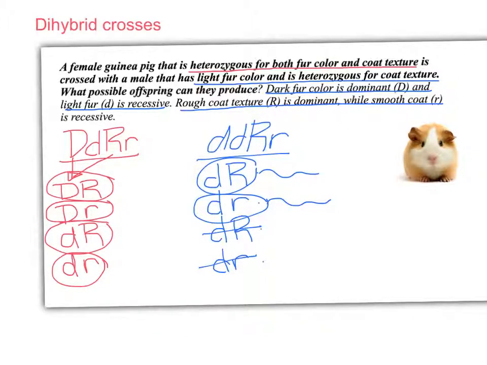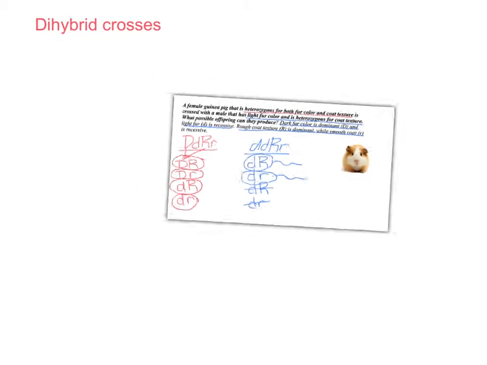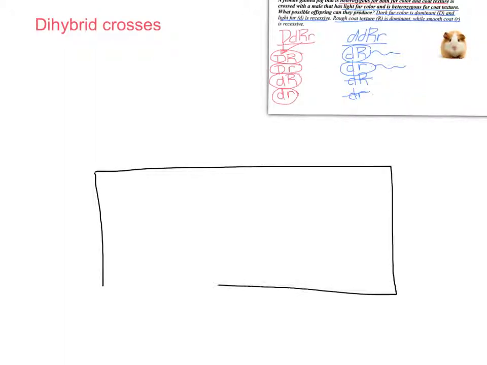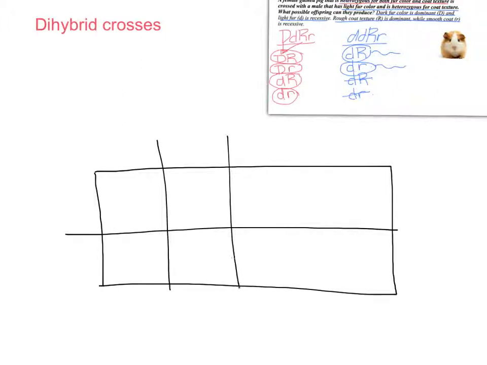So now we want to make a Punnett square to look at the possible offspring from these two coming together. So let's put this up here and draw a Punnett square. I know that mom has 4 possible gametes that she can contribute and dad has 2. So I'm not going to make a big huge Punnett square. I'm just going to look at the possible combinations.